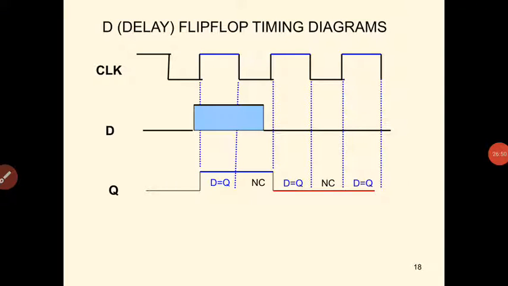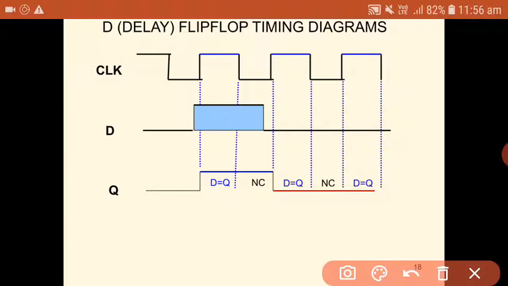Next, this is the timing diagram of a D flip-flop. If you observe the clock signal, this is the clock signal I am applying. Initially the output of the D flip-flop is reset, that means 0, and the D input is also 0.